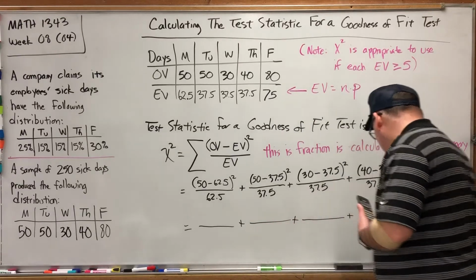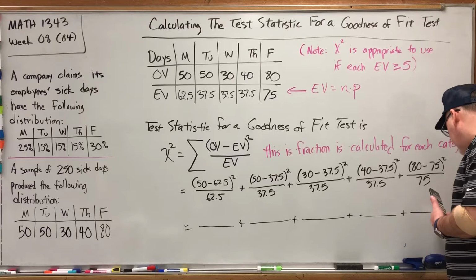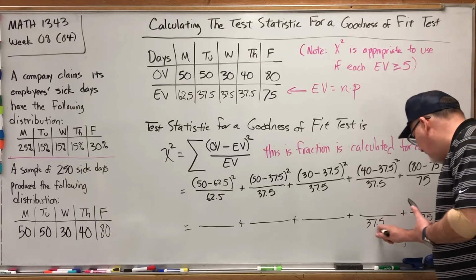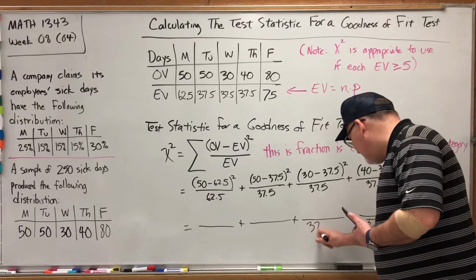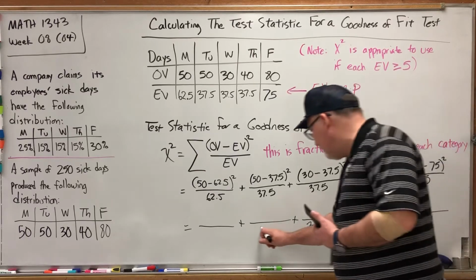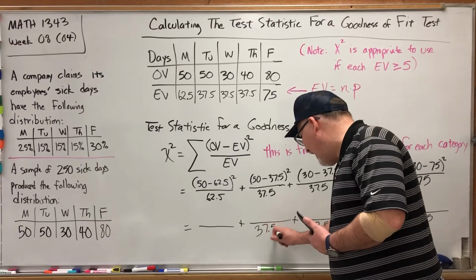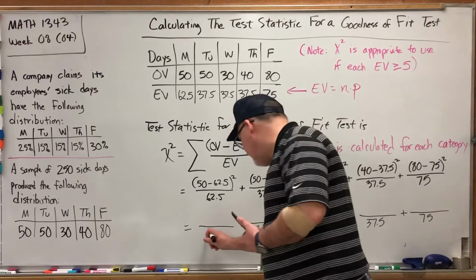So the denominators aren't going to get calculated yet, so I can just write those down. Of course, anytime you recopy something, you're increasing the chance of making what's called a transcription error. I transcribe or I copy something incorrectly.